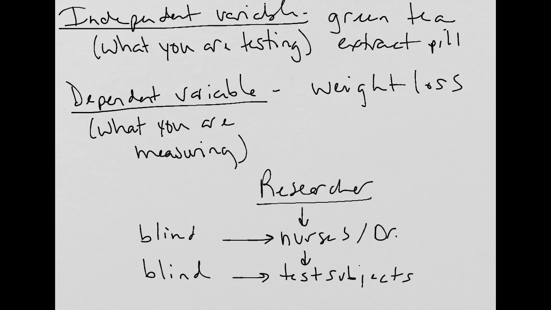That way they aren't biased. They don't look at the person and think, oh, they are better, when maybe they're really not, right? So if both your test subjects and your people that are analyzing the test subjects are blind, they don't know whether or not the subject is on medication, we say that it's a double-blind study.